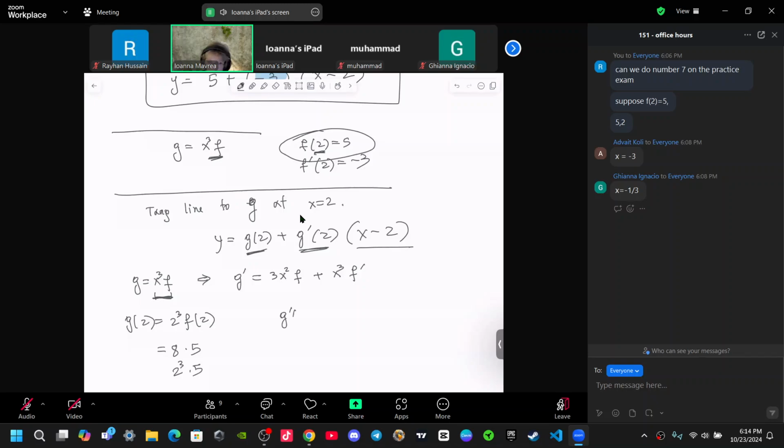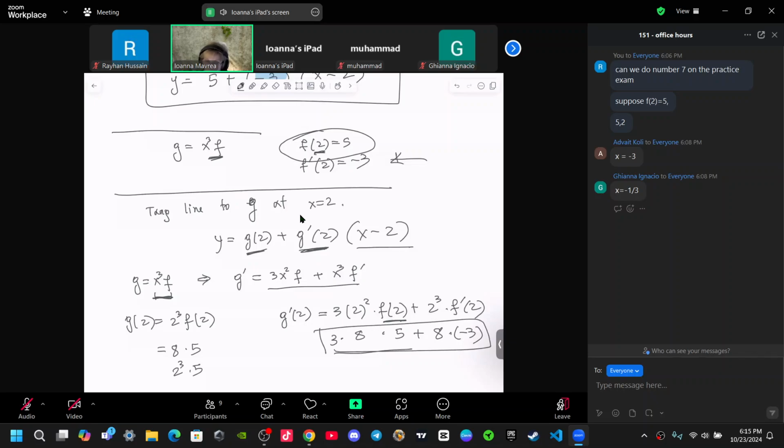G prime of 2, because I need the slope, so I just plug in. That's going to be 3 times 2 squared times f of 2 plus 2 to the third times f prime of 2. f of 2 is 5. I mean, this is a nice number, but again, leave it alone. And f prime of 2 was -3.